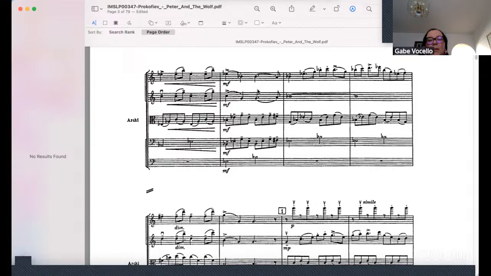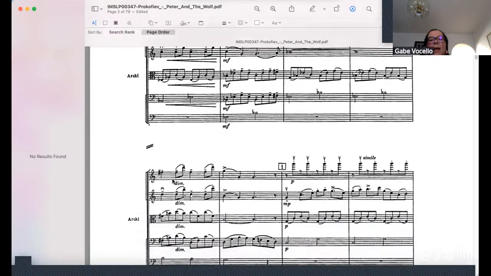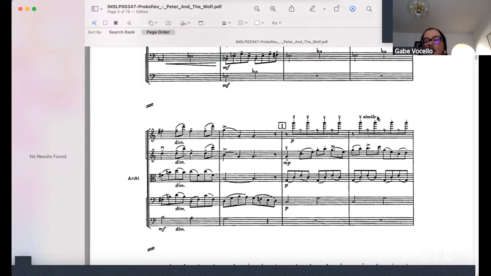A dotted note, an accent. Simile means the same as the previous one.